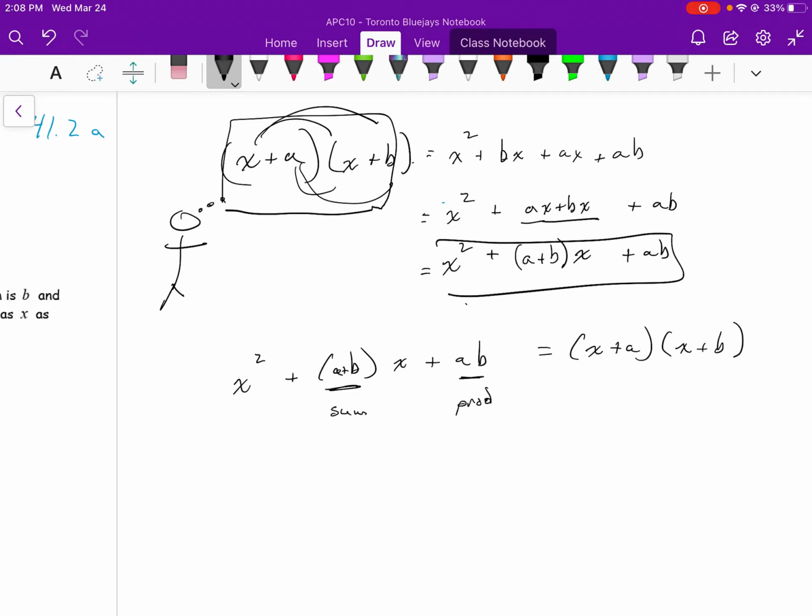So let's play a game. Now remember, a is a number, b is a number. Can you tell me which two numbers add, or whose sum is 7, but multiply, or whose product is 12?